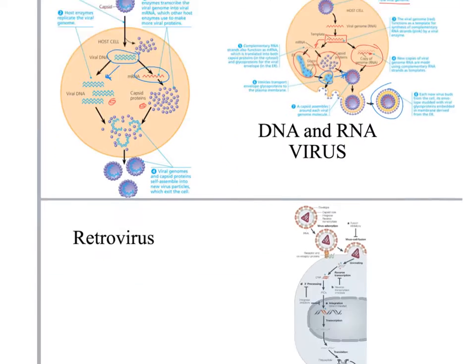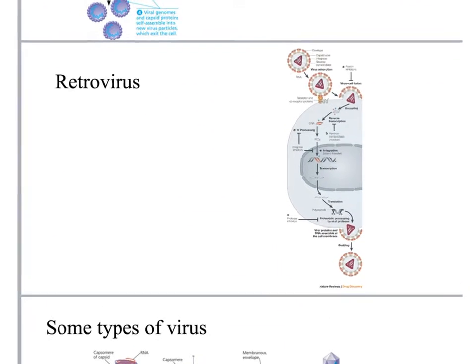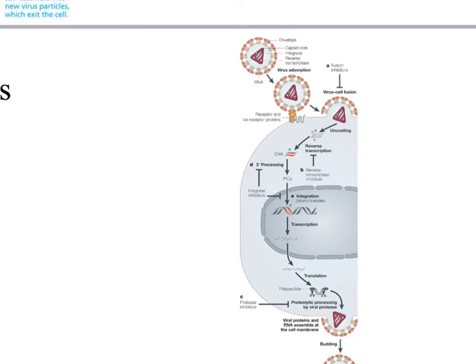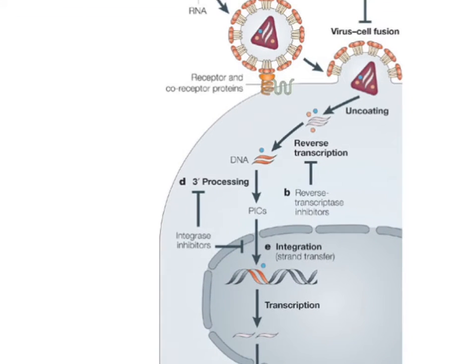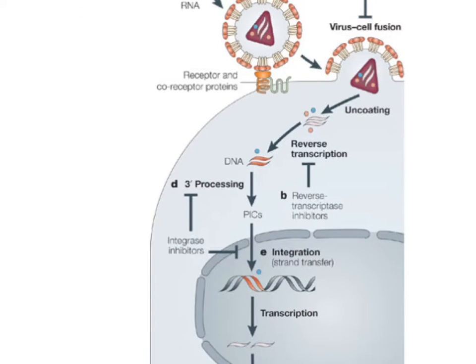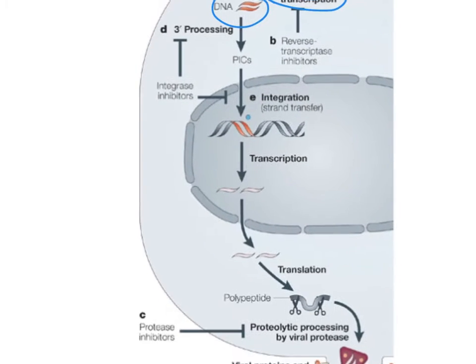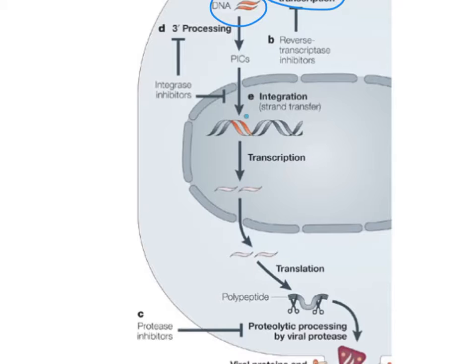Okay, the retroviruses are those in which, from the RNA of the virus, the cell has to do a process that is called reverse transcription. Okay, so you get first from the RNA of the virus, after a reverse transcription, DNA, and then that DNA has to go through a process that is called integration.